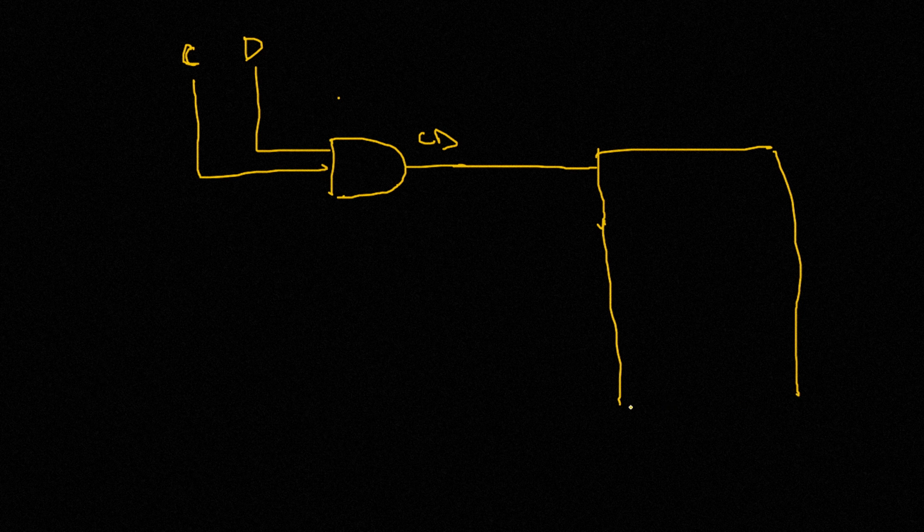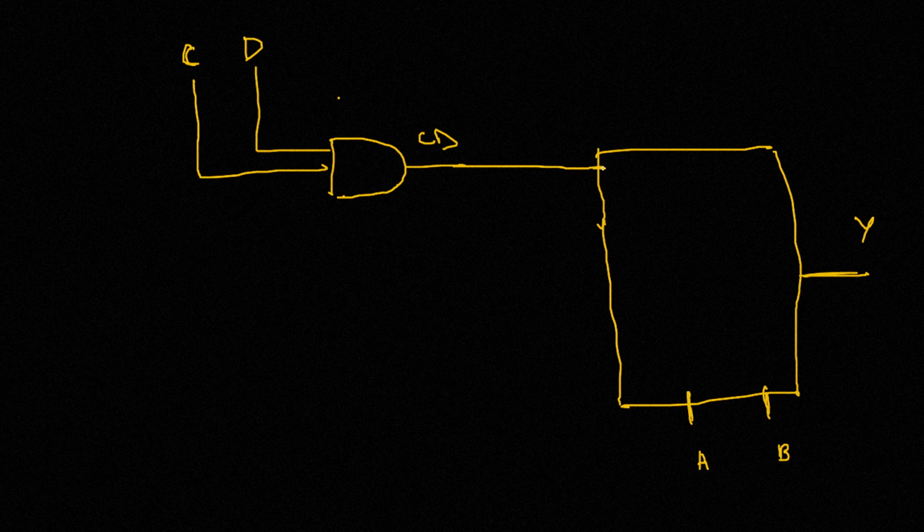So now let's see. We have C and D here. First, we need to pass them through an AND gate. That gives us CD, and we'll pass this. Let's make this 4 cross 1 box again. This is A, this is B, this is the output.